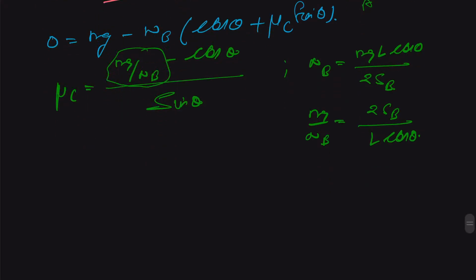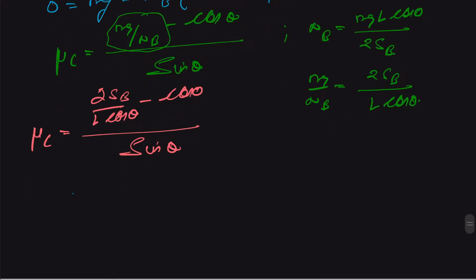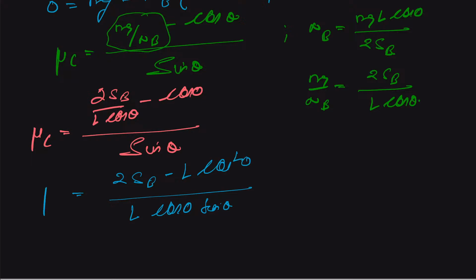So we get our mu of C is equal to twice S of B over L cos theta minus cos theta, times sine theta. Further simplification gives us L cos theta sine theta over twice S of B minus L cos square theta, that is our mu of C.